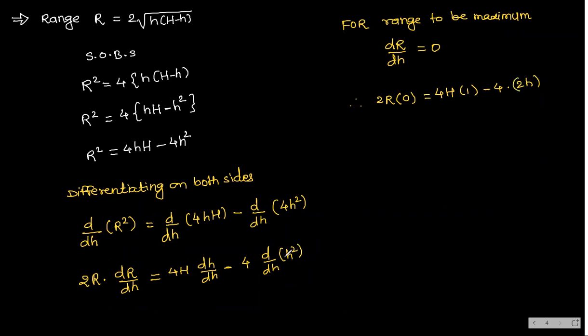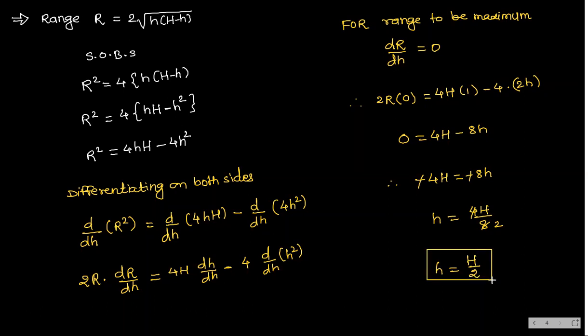This is same like d/dx of x square, 2 into x power 2 minus 1. That's 2h. So this will become 0 is equal to 4H minus 8 small h. And therefore, minus 4H is equal to minus 8h. This minus and this minus will get cancelled. So small h is equal to 4H by 8. And then you are getting small h is equal to H by 2.